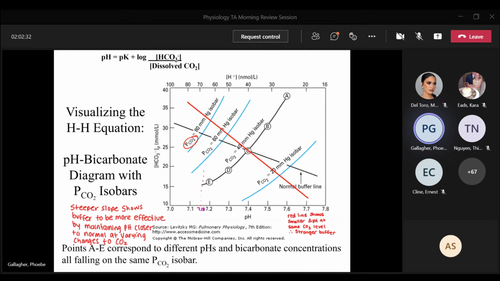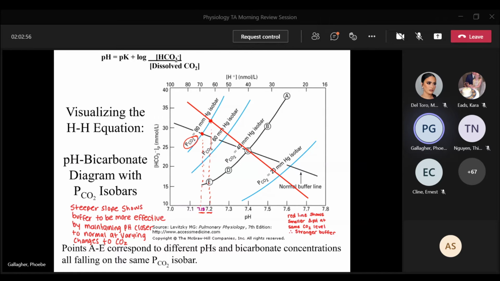When you compare the black line where it crosses, this is where it's functioning at a PCO2 of 80, your pH is going to be about 7.18. But for the red line, it's going to cross at a PCO2 of 80 at about 7.2.